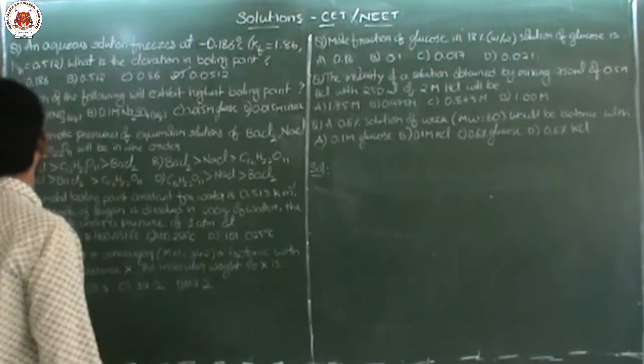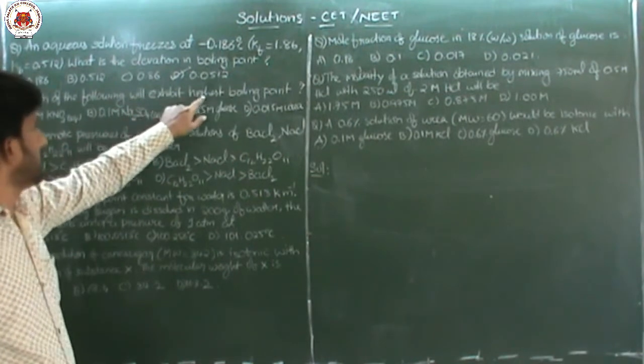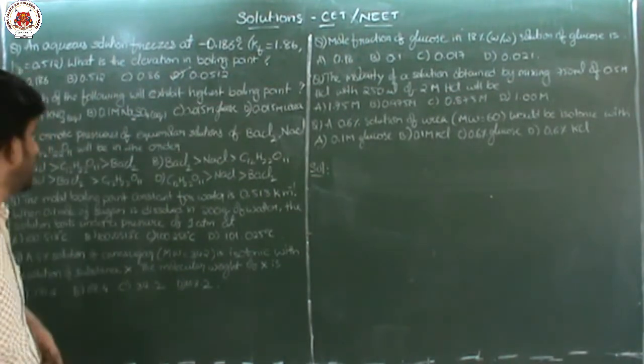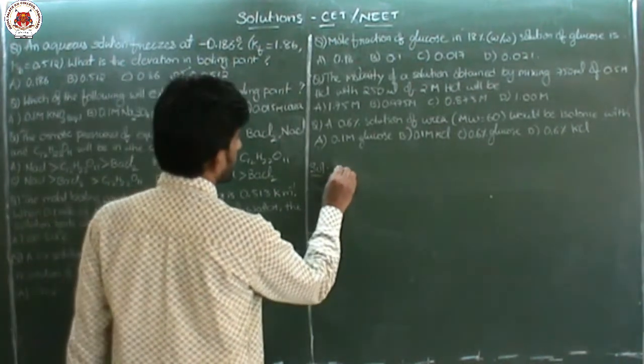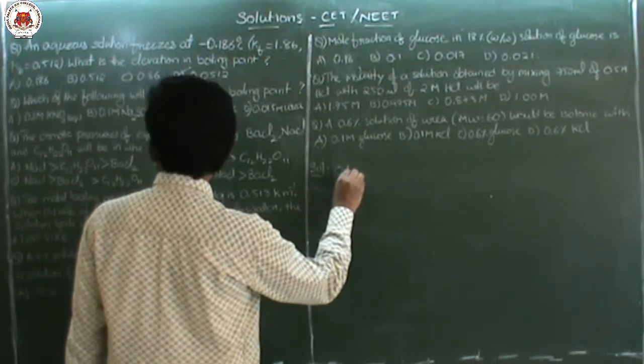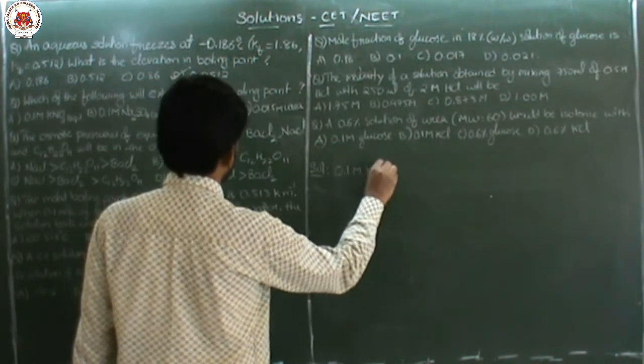Next question is, which of the following will exhibit the highest boiling point? The options are: option A is 0.1 m KNO3.